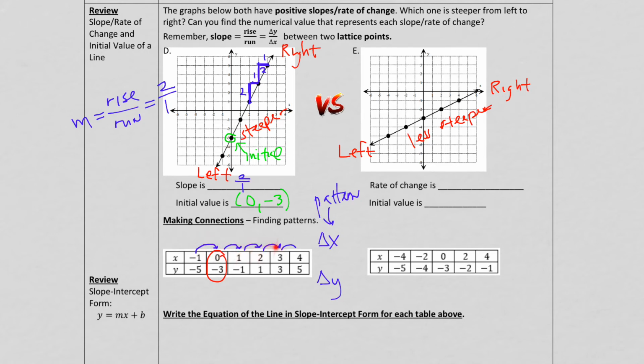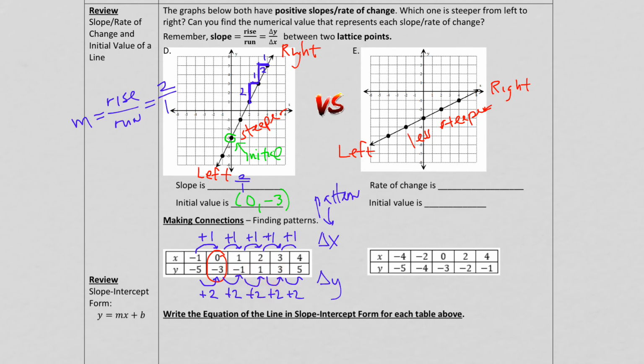Then plus 1, plus 1. So the change of x, or the pattern of x, is +1, +1, +1. That's good, it's consistent. Now what about y? How is y changing as we move along the table? The pattern here is +2, then +2, then +2. And in fact, it holds all the way down. In other words, -5 plus 2 is -3, -3 plus 2 is -1, -1 plus 2 is 1, 1 plus 2 is 3, and so on.